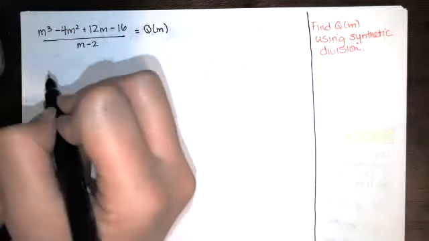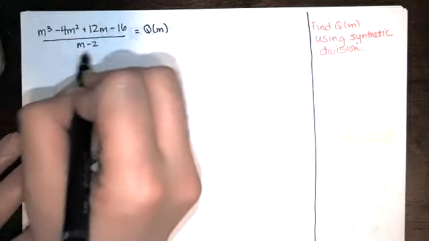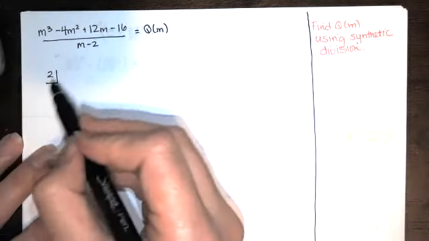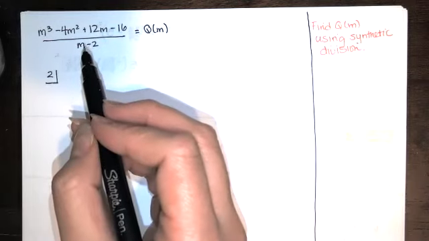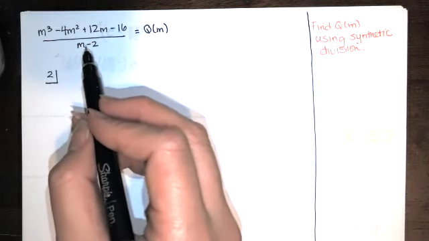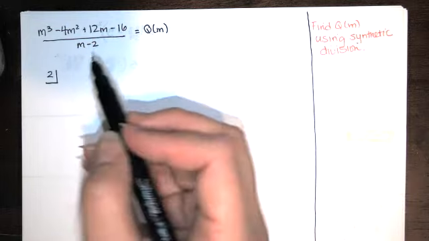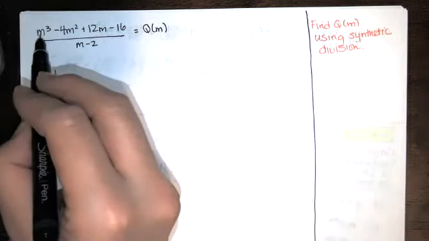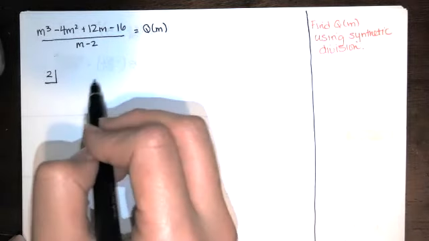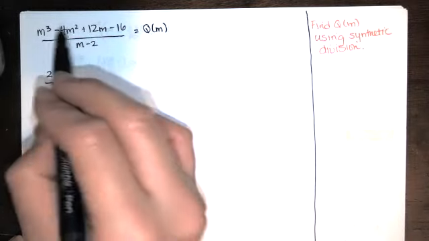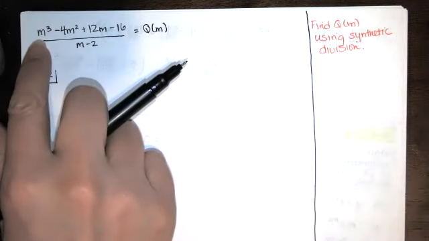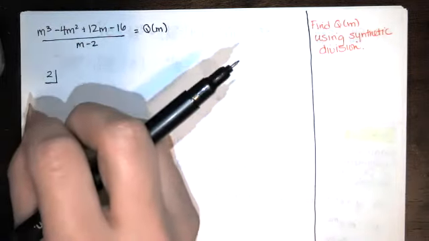Okay. So the way we do synthetic division is we take that divisor and we set it equal to 0 and solve for m. So in other words, you're finding the 0 or the root that corresponds to that factor. So m minus 2 is 0 when m is equal to 2. And then you list the coefficients of this polynomial over here. You need the polynomial to be in descending powers of m, starting with the highest power and then decreasing all the way down to m to the 0.